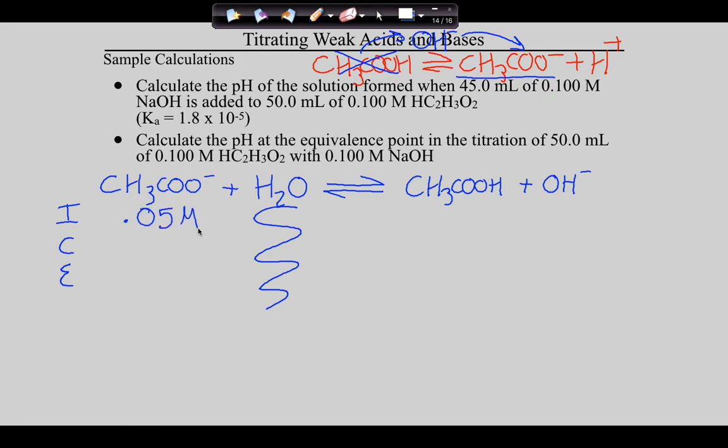0.05 molar. This is 0, this is 0. This goes down by x, this goes up by x, this goes up by x. So then we have 0.05 minus x and x and x. We okay? So now what do we do next?